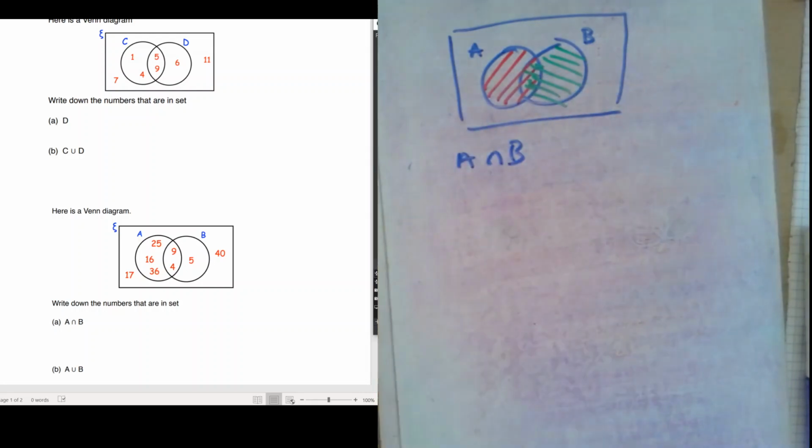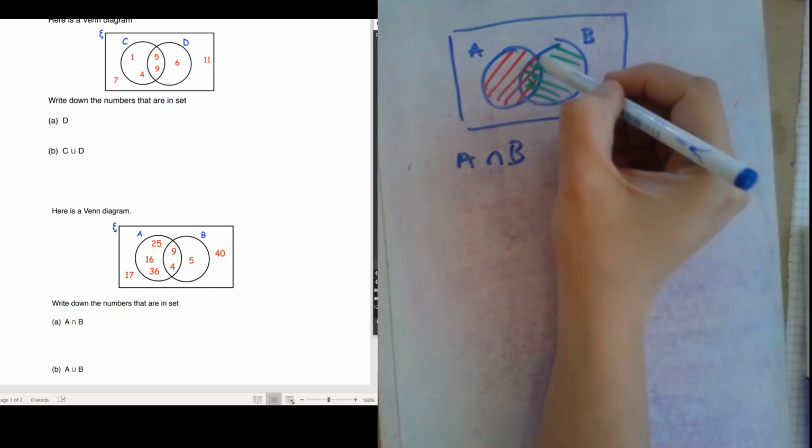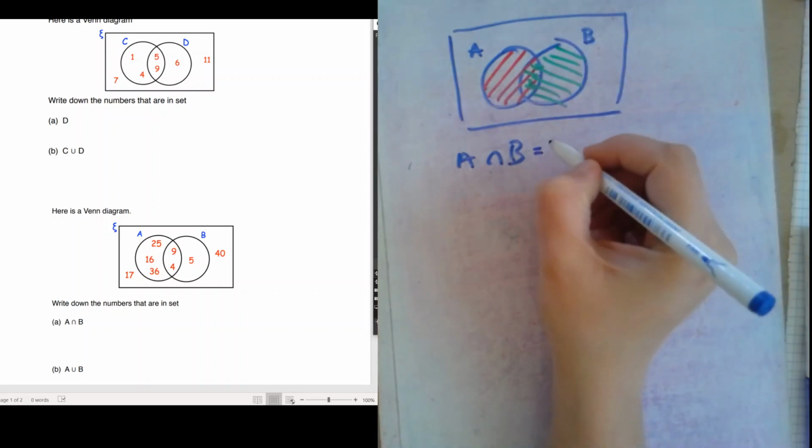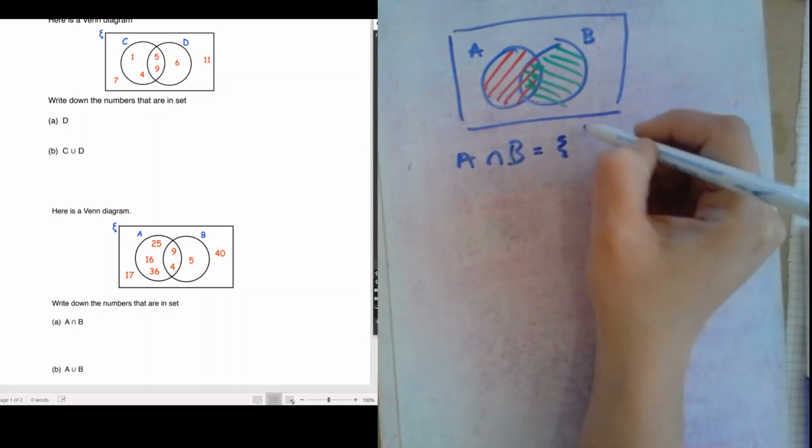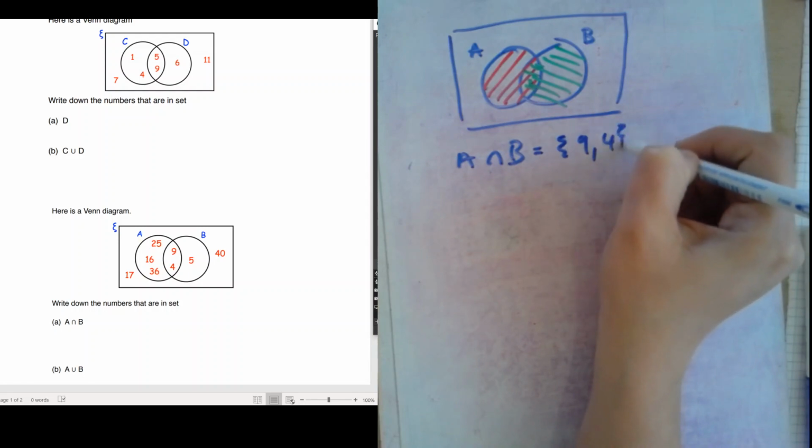I'm saying which section has both red and green. The only section that has both red and green is this little section here. So A and B would be, taking the data from that question, 9 and 4.